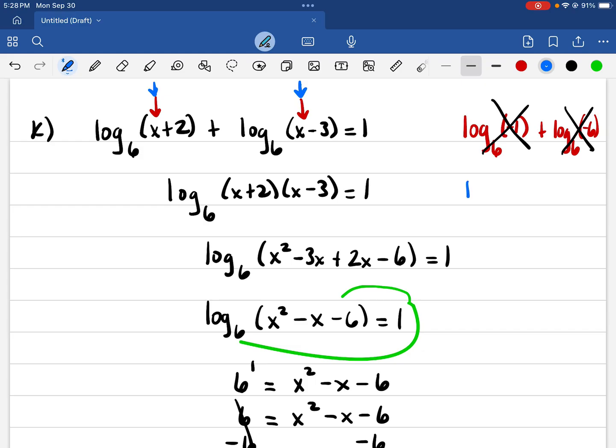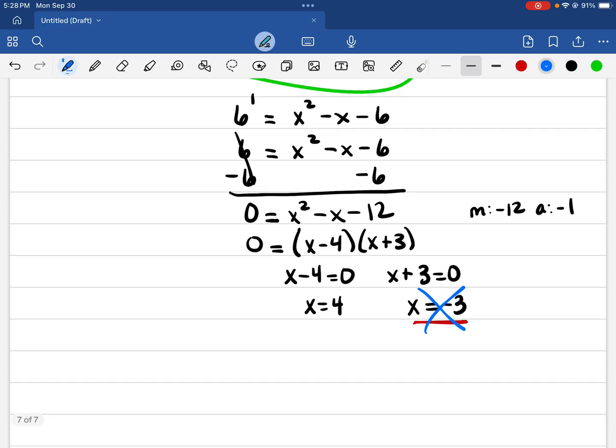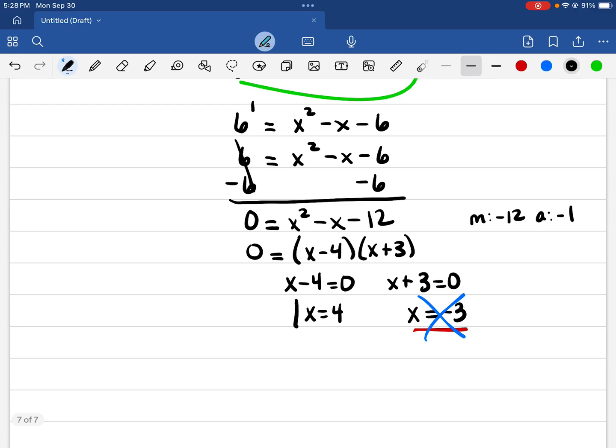In both of those cases, that gives me positive numbers there. So I'm able to do that. I can take the log of positive numbers, but I cannot take the log of negative numbers. All right, so that's why negative 3 did not work. So we only have one solution here, and that is x equals 4.